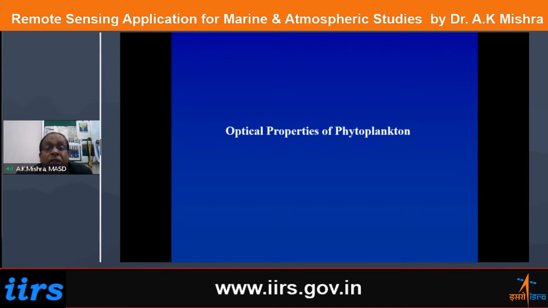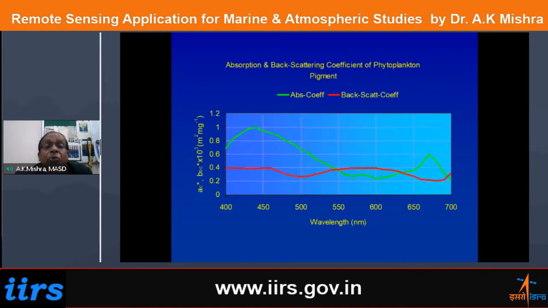So let us now study about the absorption and scattering characteristic of phytoplankton. So this green line shows you the absorption coefficient of phytoplankton, which shows you the peak at around 445 nanometer, which is at the blue end of the spectrum.